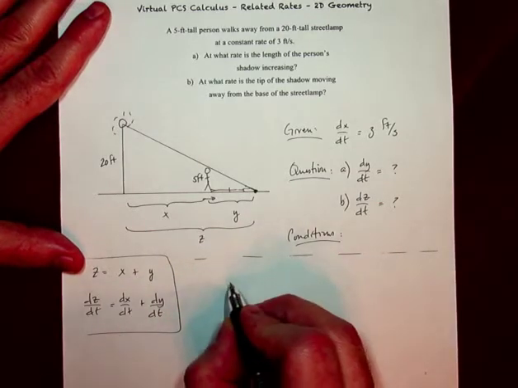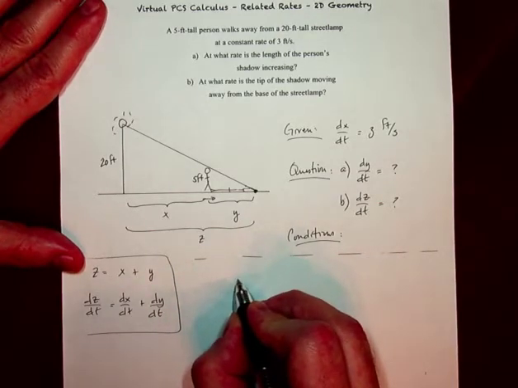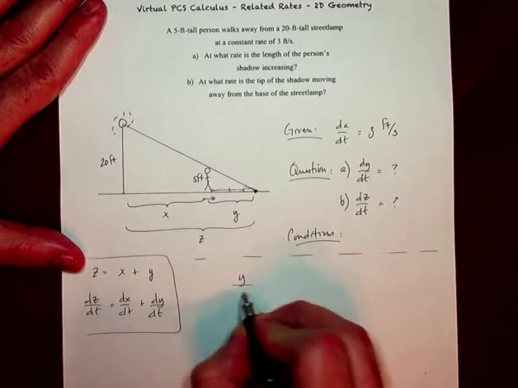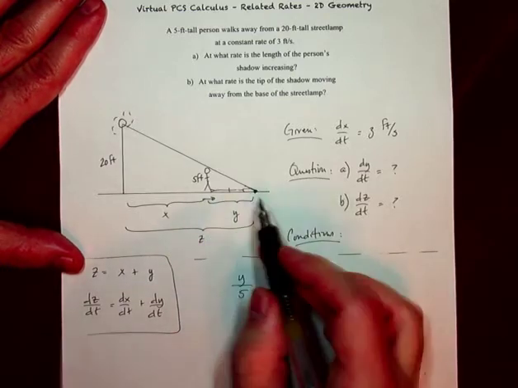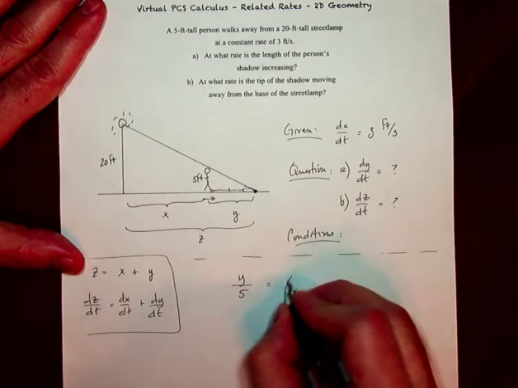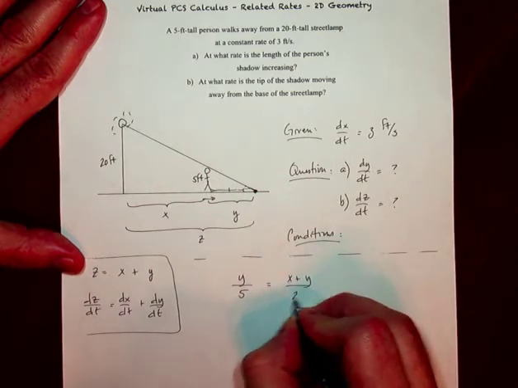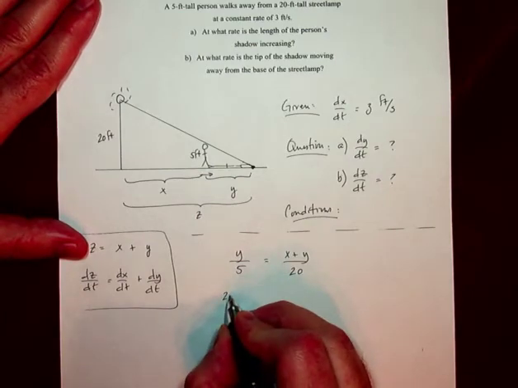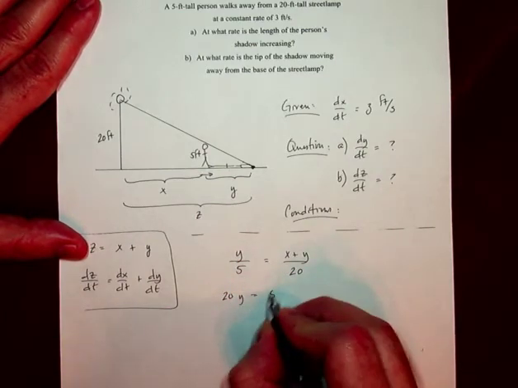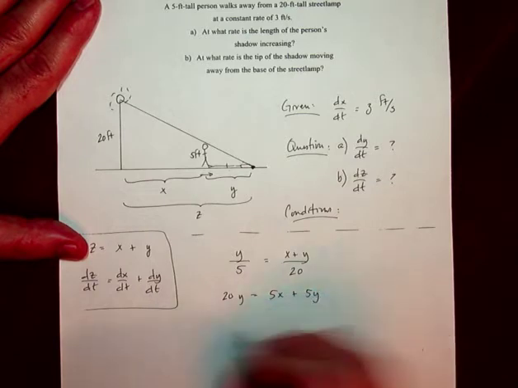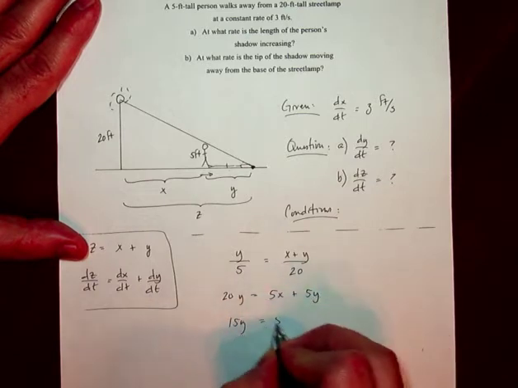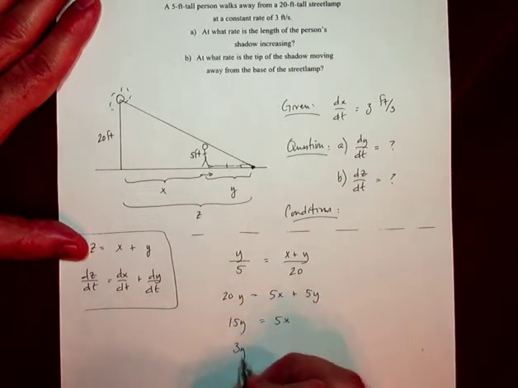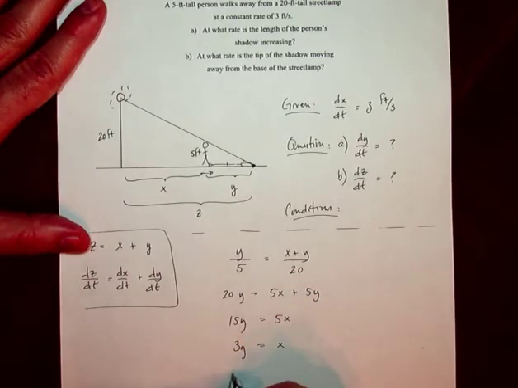And that means that y is to 5, meaning this leg is to that leg, as x plus y is to 20. If I cross multiply, I get 20y equals 5x plus 5y, so 15y is equal to 5x, or 3y is equal to x.